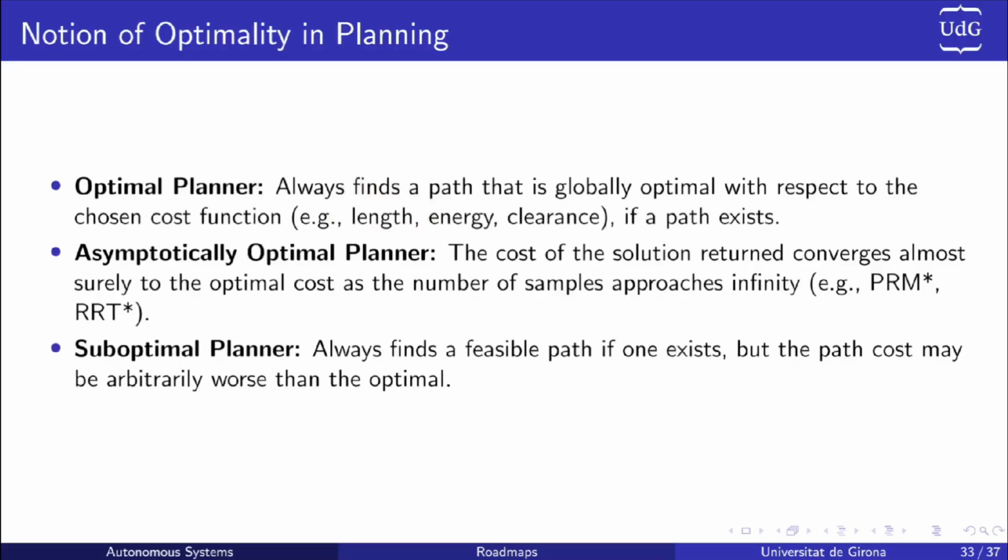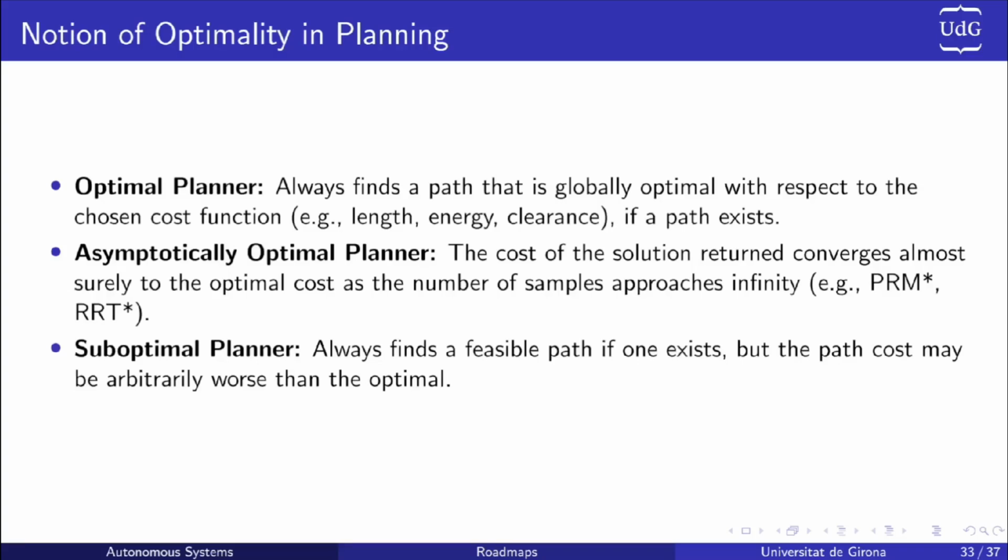However, if we have an asymptotically optimal planner, and we have said that some probabilistic roadmaps are asymptotically optimal, not all of them, then it means that the cost of the returned solution is getting closer to optimal, it's improving when we add more samples. The same that we said before, okay? If we add more samples, we can be sure in the end, when we have had an infinite number of samples, that the solution is optimal.